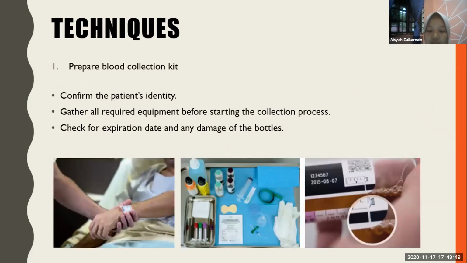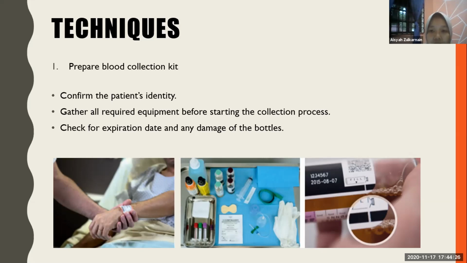Okay, for the techniques, just like any other techniques mentioned before, before we start the procedure, we need to do hand hygiene, and then introduce ourselves to the patient, and check the patient's details, such as their name and date of birth. Then we briefly explain to them the procedure that we are going to do, and also gain consent from them.